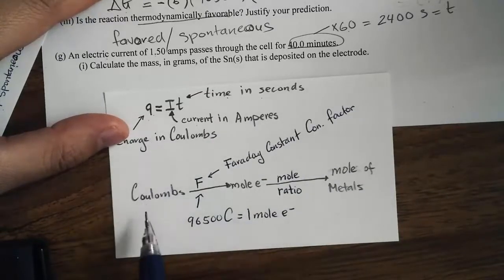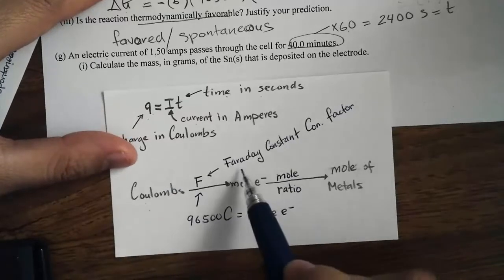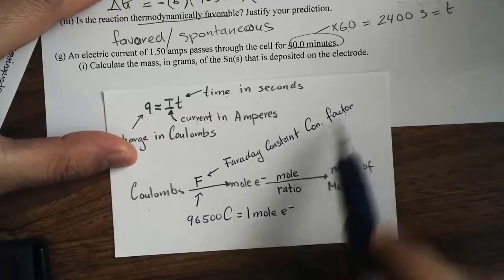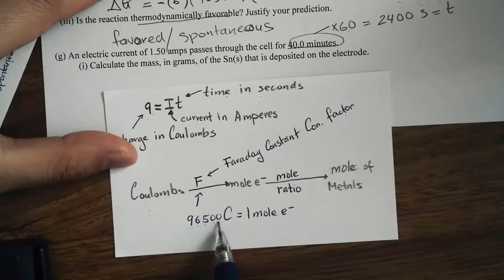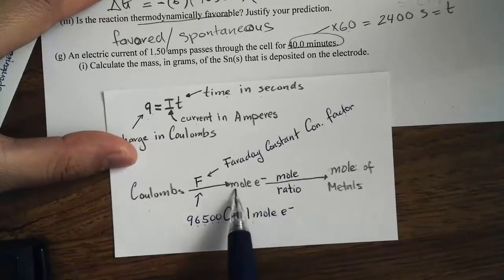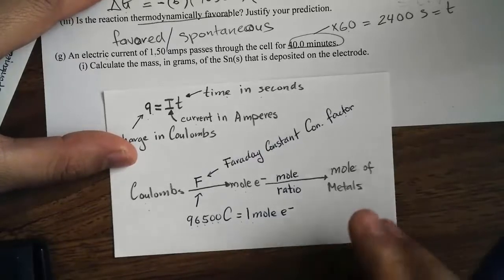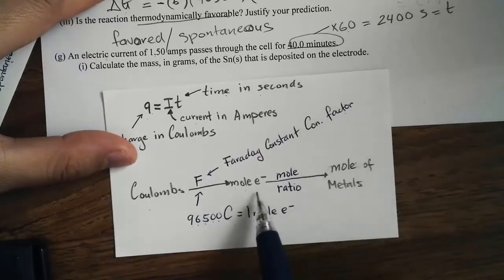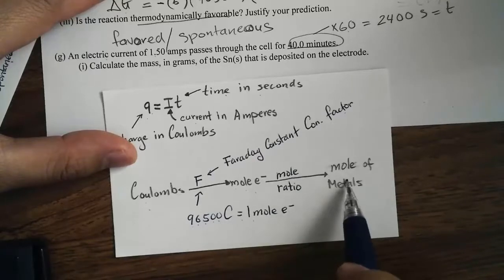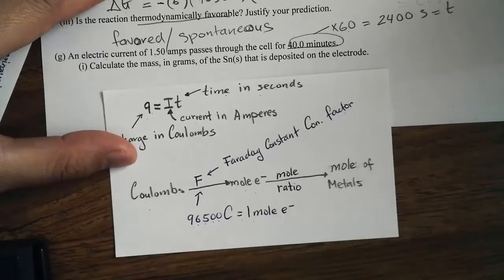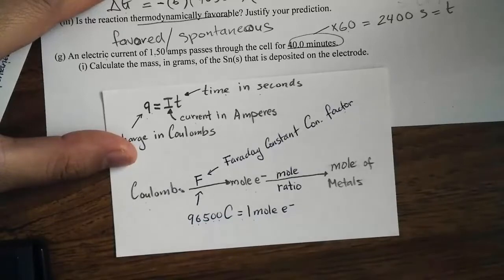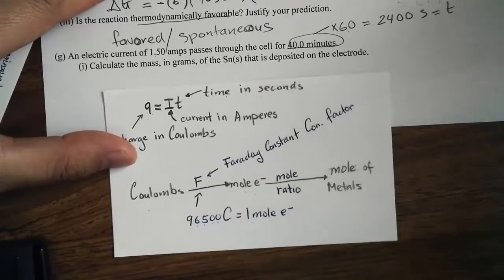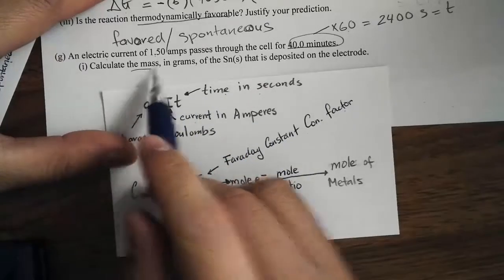Once you have coulomb, you can use the Faraday constant conversion factor, which is 96,500 coulomb equal to 1 mole of electron, to solve for the number of moles of electron. And once you get the moles of electron, guess what you can do? You can now solve for the moles of metal. And once you get the moles of metal, you can solve for anything about that metal, which in this case, is the mass of the metal.